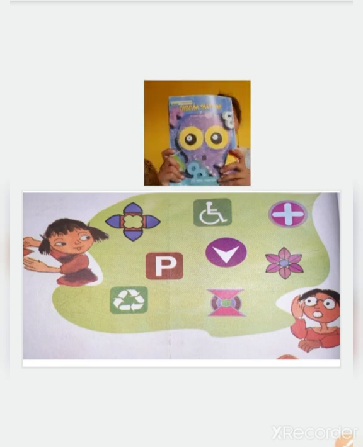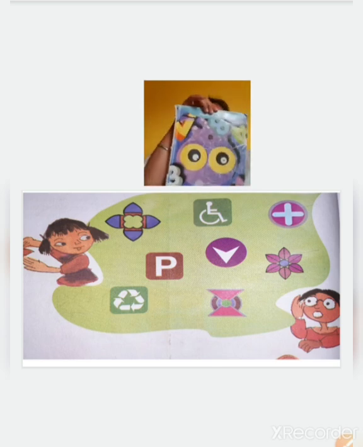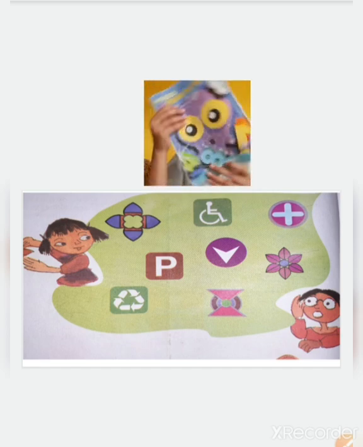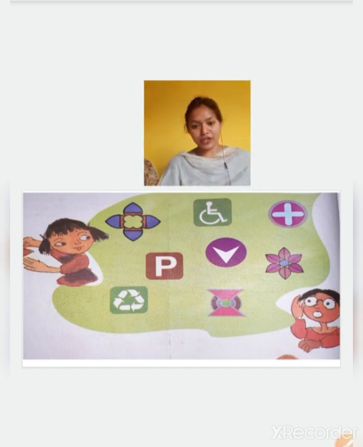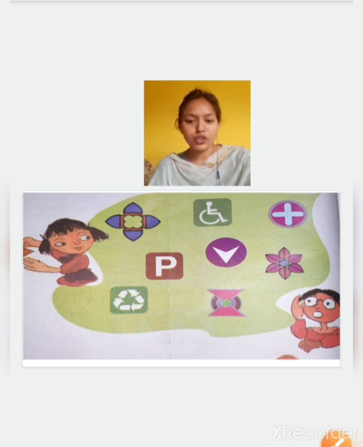Like this you can see whether the images are looking same or not, or if you don't want to rotate you can do that in your mind also. So this you will do in your books.